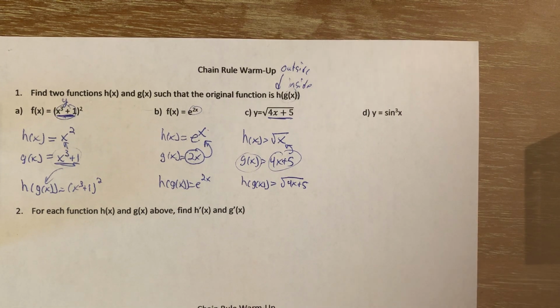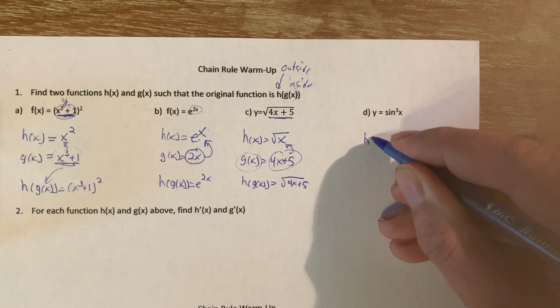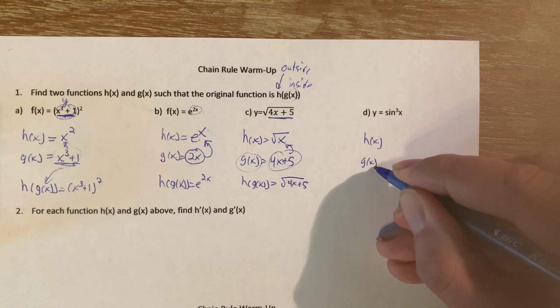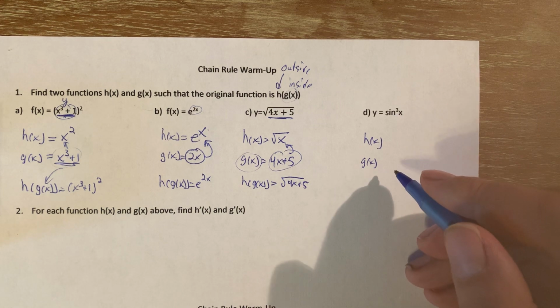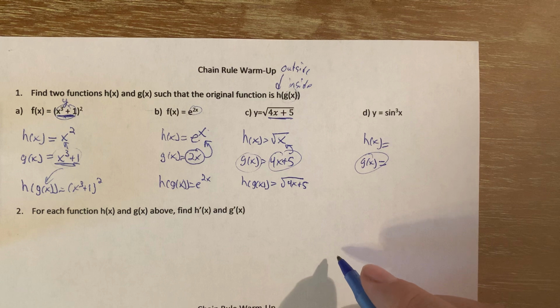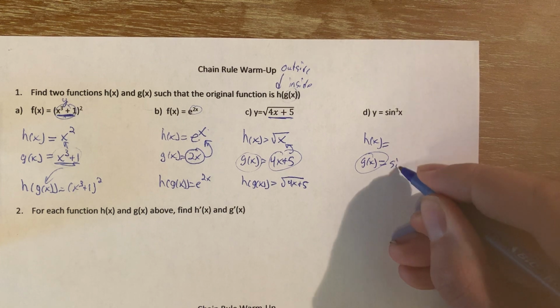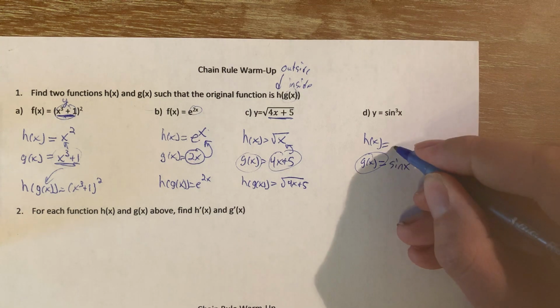Okay. Last one, y equals sine cubed of x. What is the outside function and the inside function? Well, this might be a little harder to see. Again, I think it's easier to start with the inside function. The thing that's inside of another function is sine of x. And what it's inside of is it's being cubed.